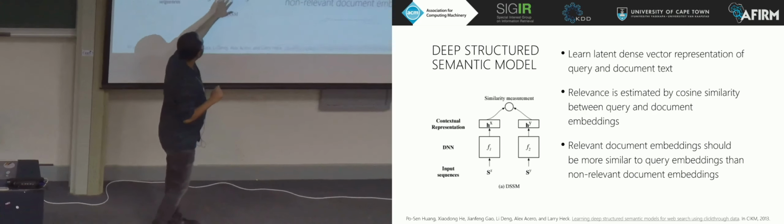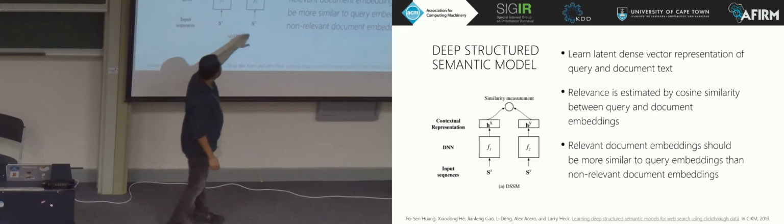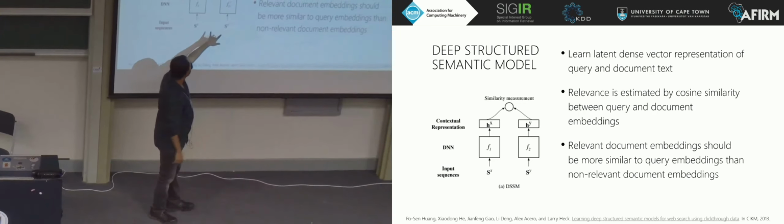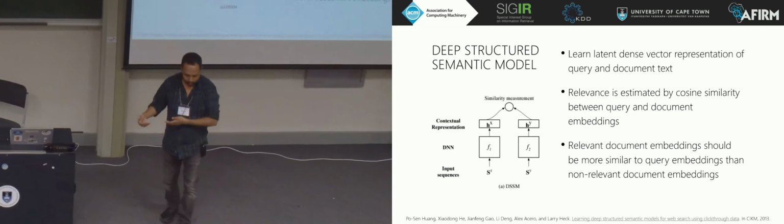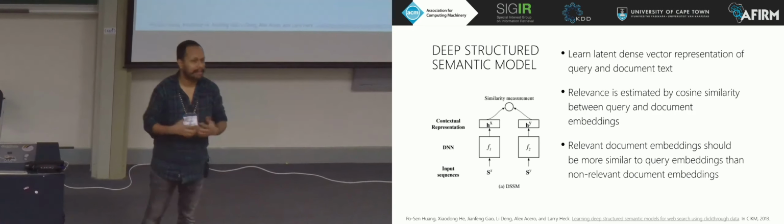It would have this very typical structure where you have the query text and the document text, or passage text, and you're inputting both to some model, and that model outputs a representation of the query and the document in the form of a dense vector representation, or an embedding.